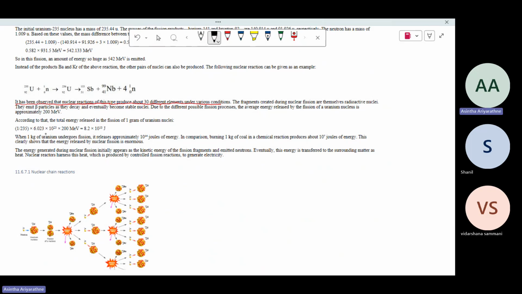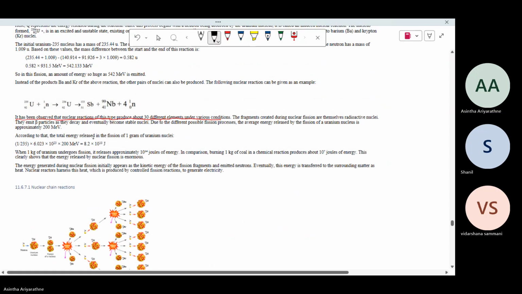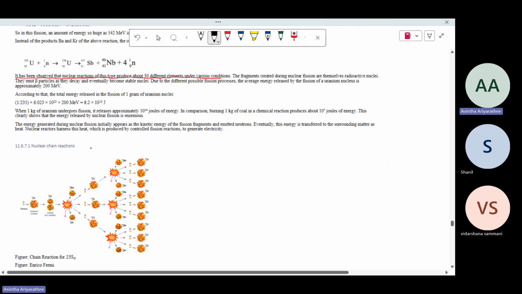And so the total energy release after 1 gram of uranium nuclei is found.